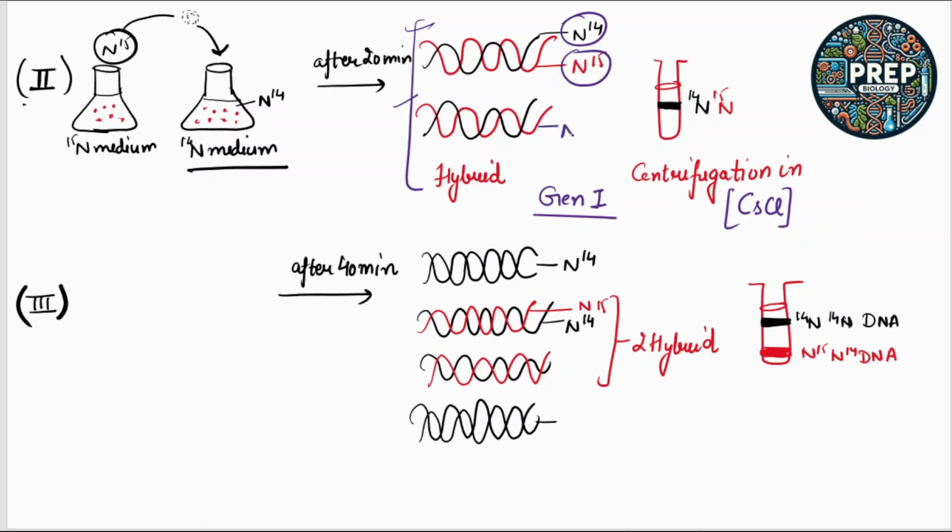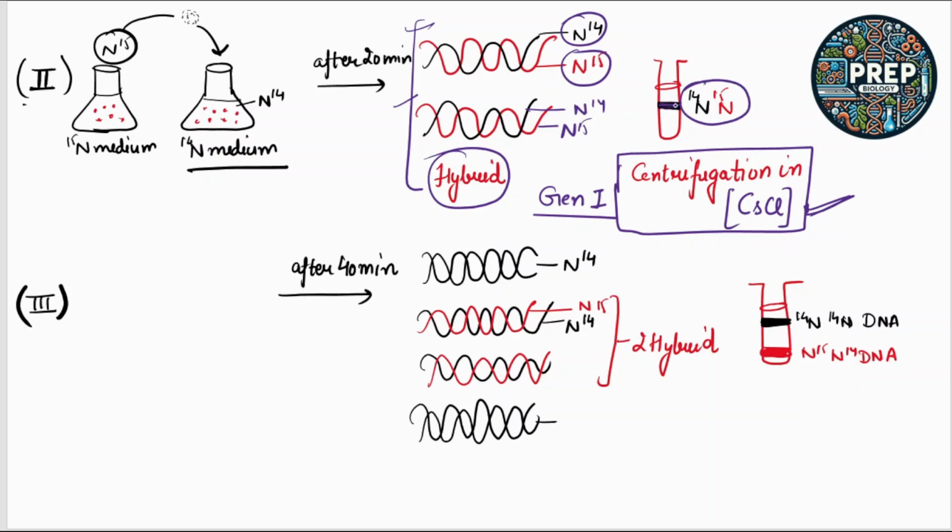How did they find this? Centrifugation takes place in a density gradient, where cesium chloride is used as the density gradient. We have the DNA which is hybrid in nature, having N14 as well as N15.